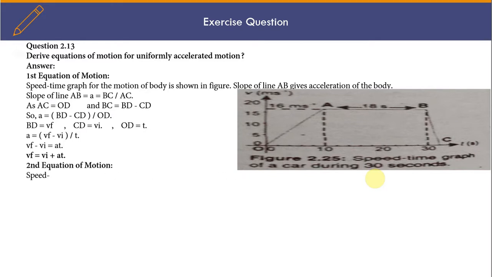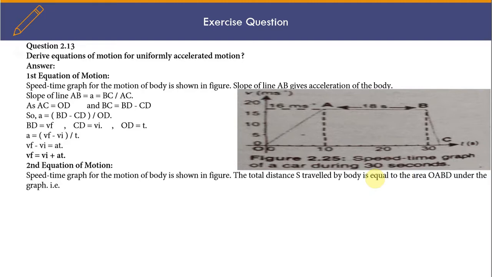Second equation of motion. The speed-time graph for the motion of a body is shown in the figure. The total distance traveled by a body is equal to the area OABD under the graph. That is, total distance S is equal to area of rectangle OACD plus area of triangle ABC.